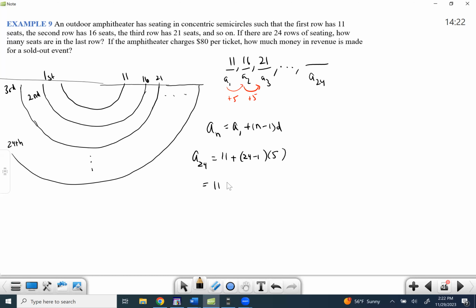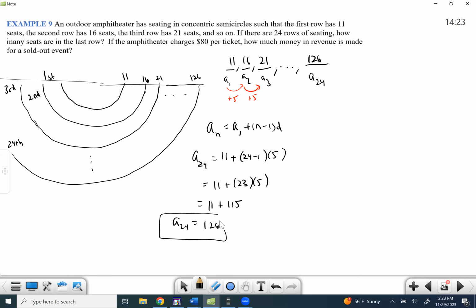So we've got 11 plus 23 times 5. We got 11 plus 115. So we have 126 as how many seats there would be in the 24th row. All right. First part solved.